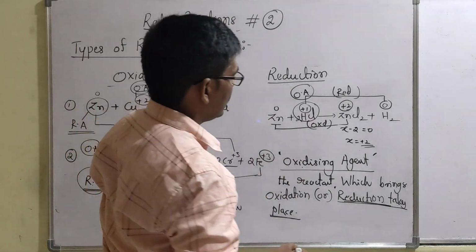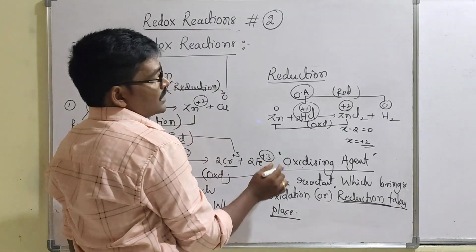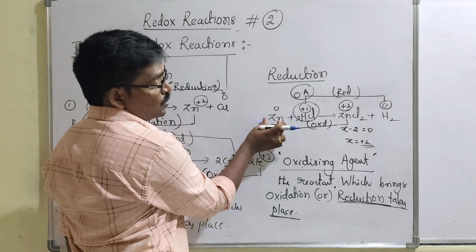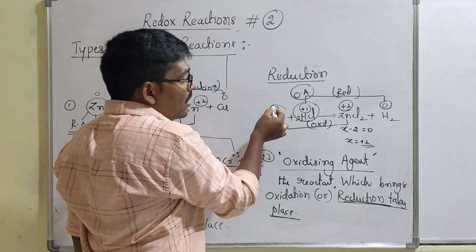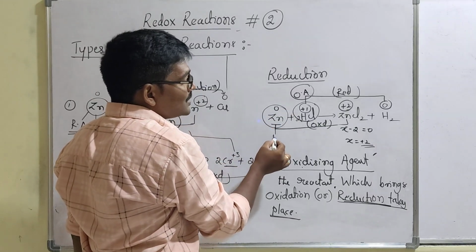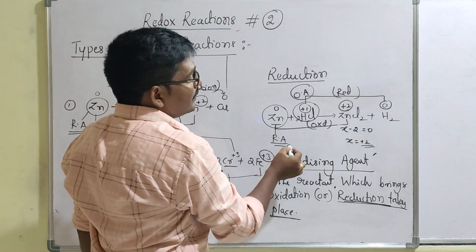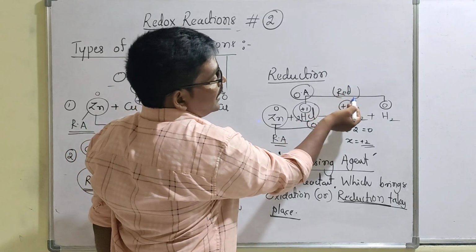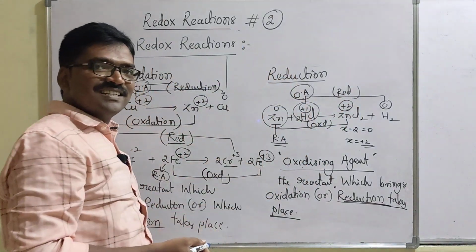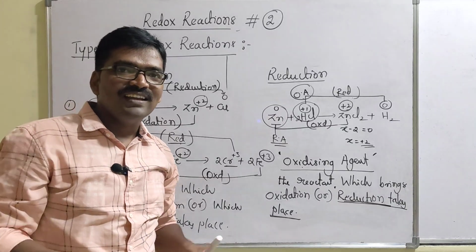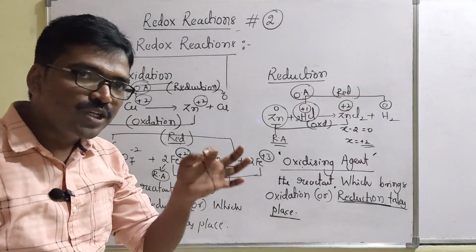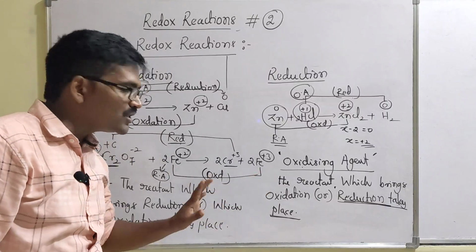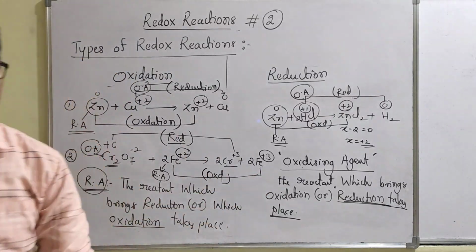So observe it in this reaction. Sir, Zn 0 to Zn plus 2, oxidation takes place. Where oxidation takes place, that acts as reducing agent. Then where reduction takes place, that acts as oxidizing agent. Clear? Clear, my dear students? You have to remember all these three equations, note them, and these two definitions are noted. Then we'll come back.